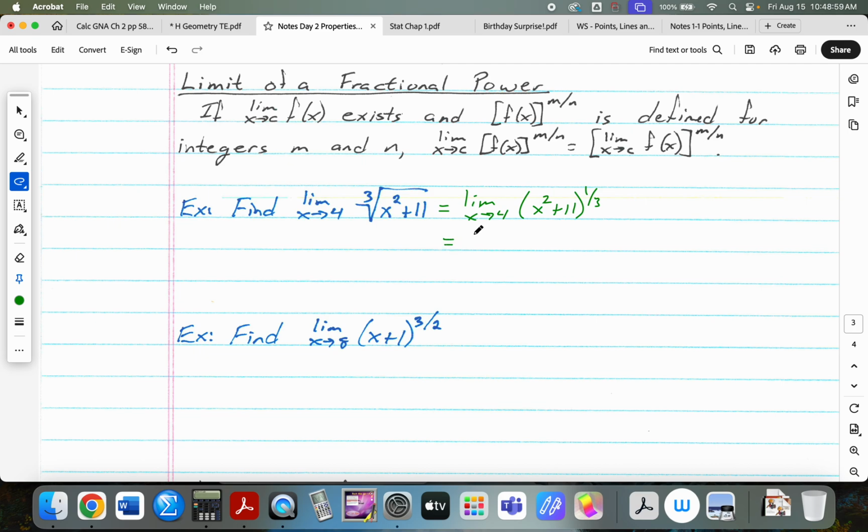That should be equal to the limit as x approaches 4 of, let's see, 16 plus 11 is 27. Is 27 to the 1/3 defined? Yeah, it's 3. It's the cube root of 27.